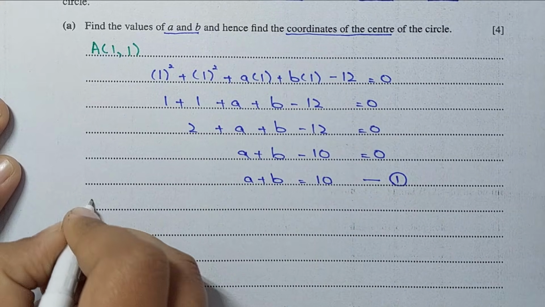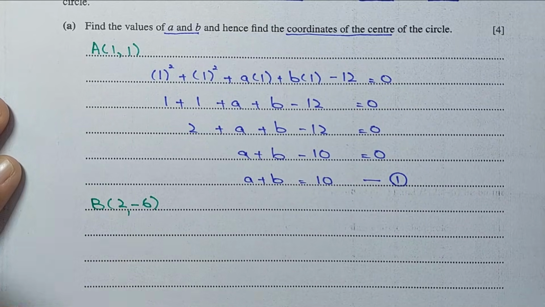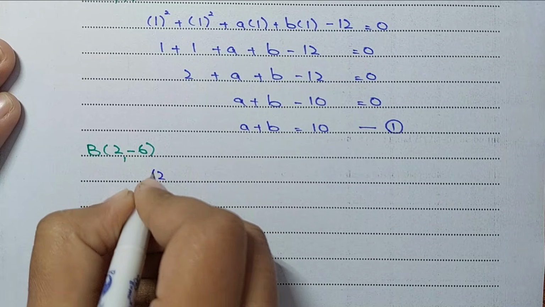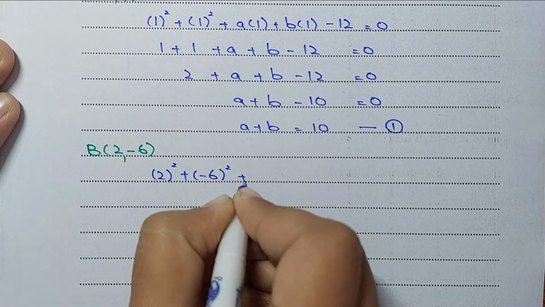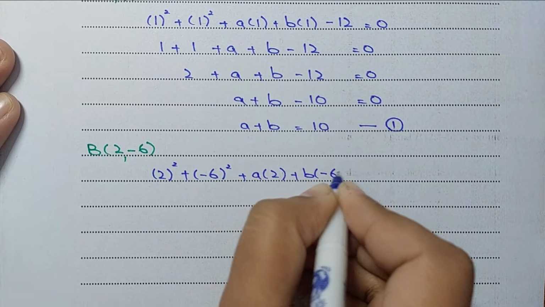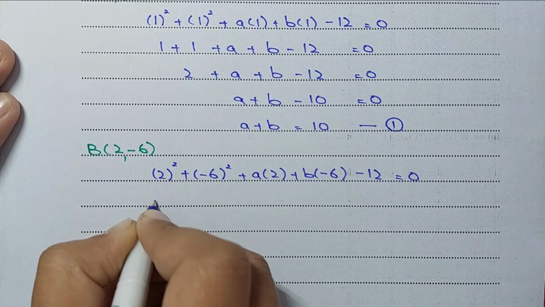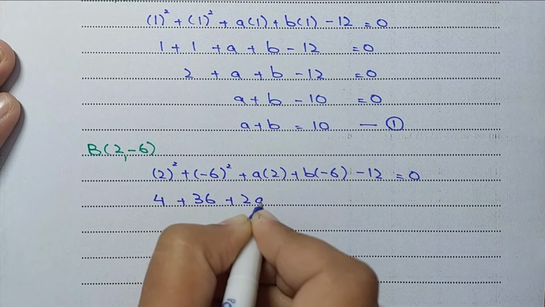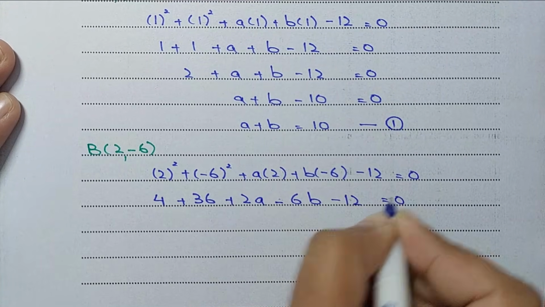Okay, the second point B also lies on the circle, which is (2, negative 6). x is 2 and y is negative 6 now, right? So x squared plus y squared plus ax plus by minus 12 equals 0. 2 squared is 4, 6 squared is 36, plus 2a minus 6b minus 12 equals 0.